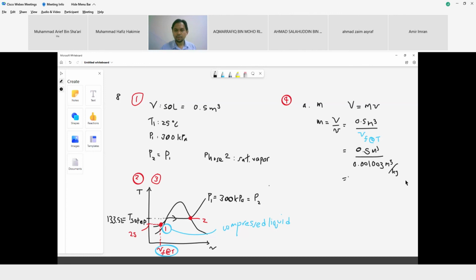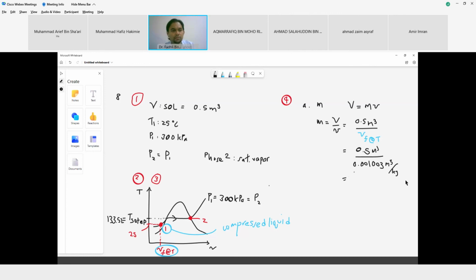Berapa nilai M? Tolong sharekan nilai M. $49.85.